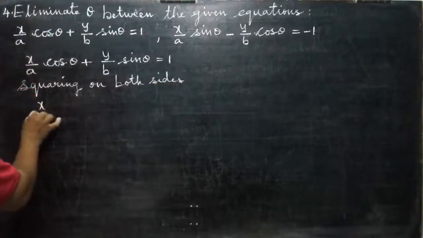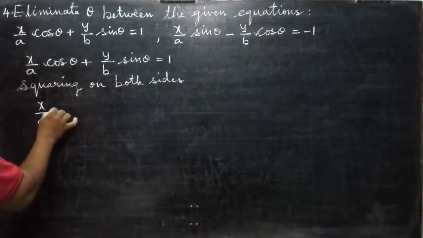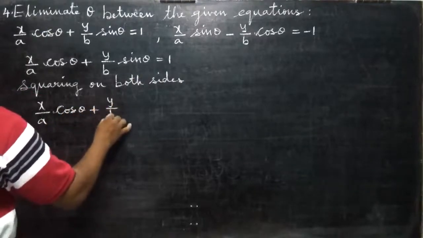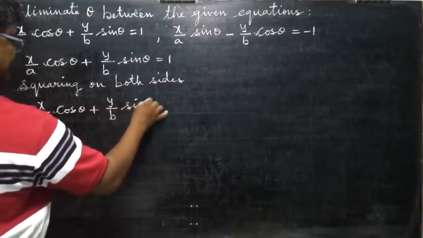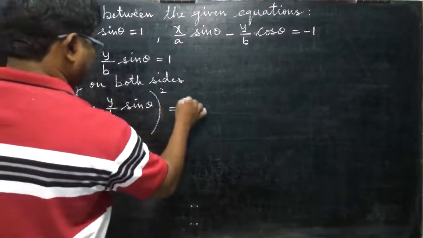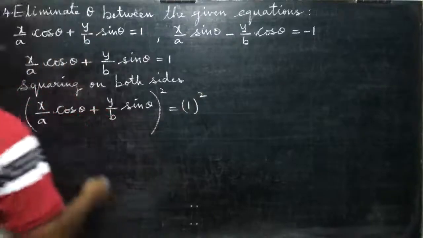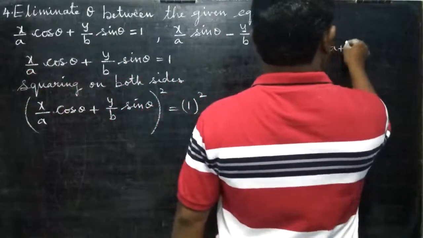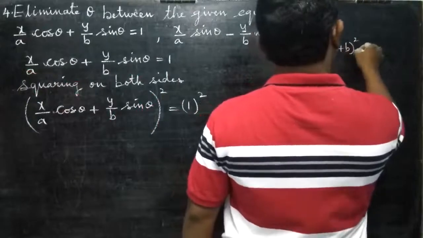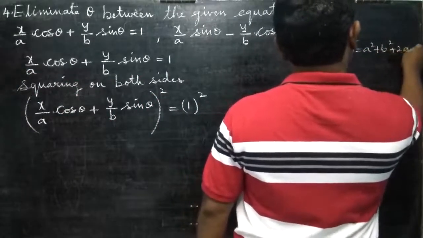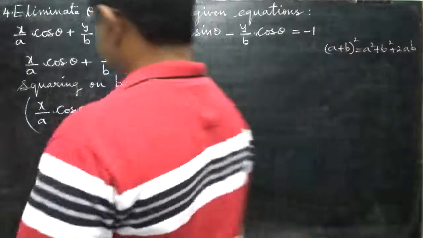So (x/a cos theta plus y/b sin theta) whole square is equal to 1 square. Squaring on both sides, which formula? (a plus b) whole square formula: a square plus b square plus 2ab. In this style you write.